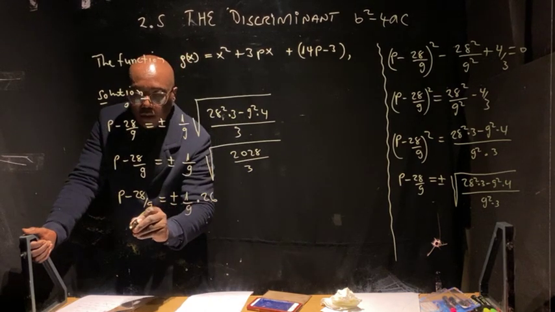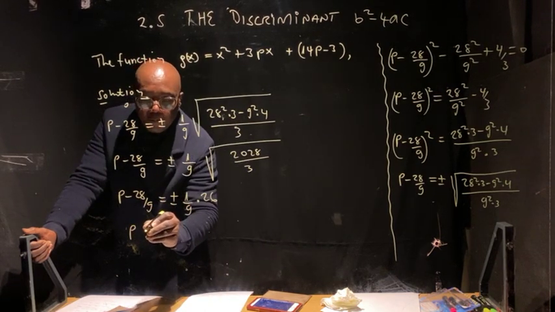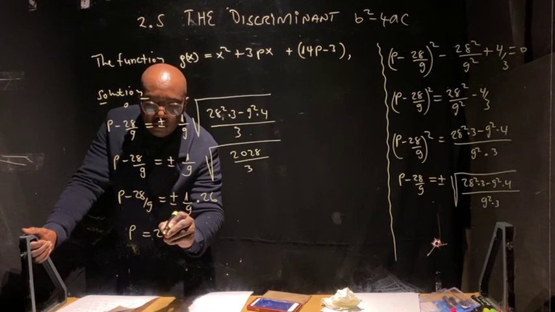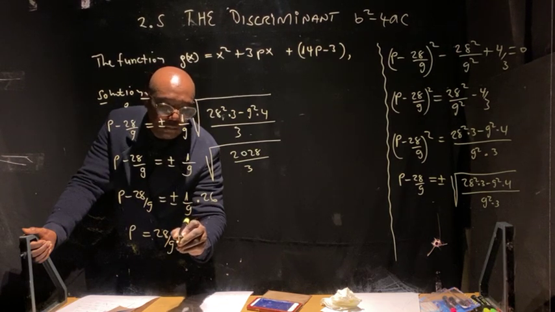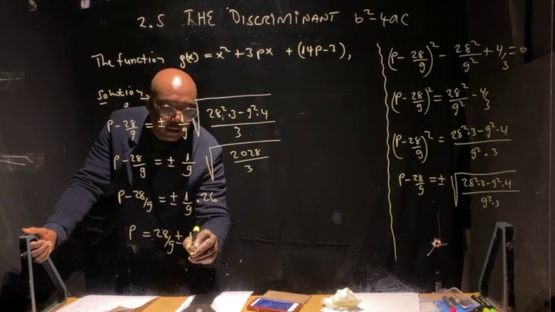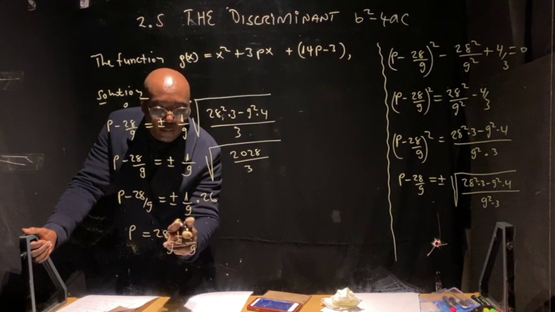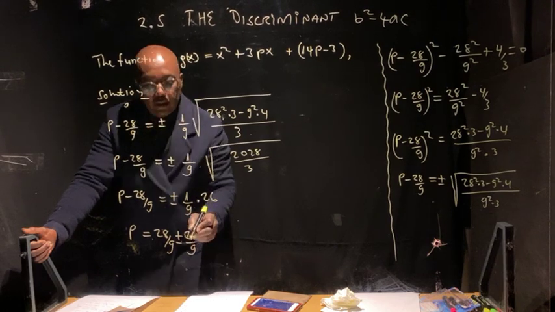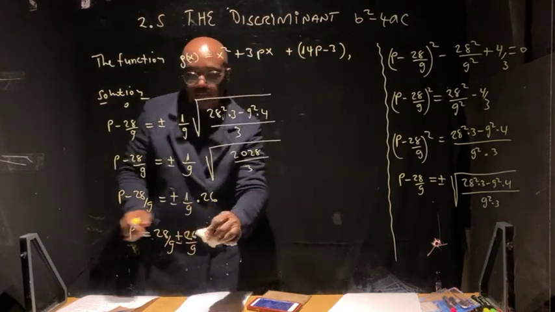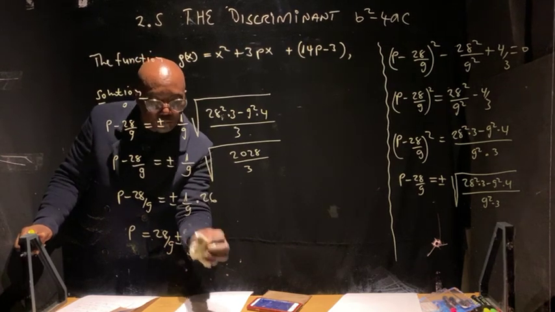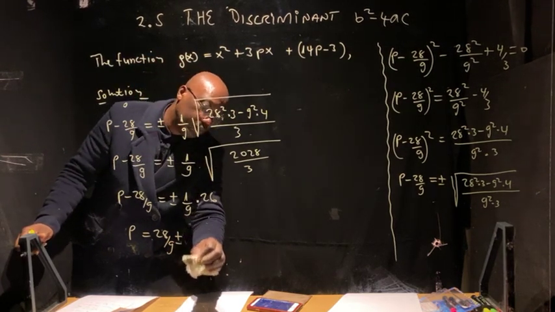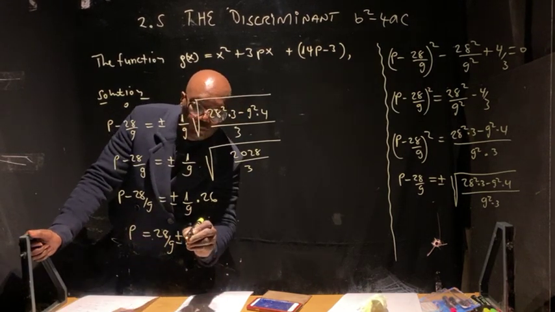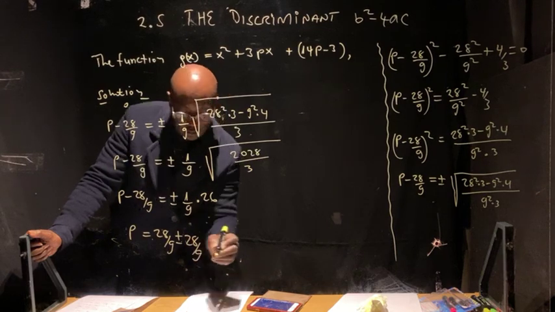So P becomes 28 over 9 plus or minus 1 over 9, or we say 26 over 9. Good.